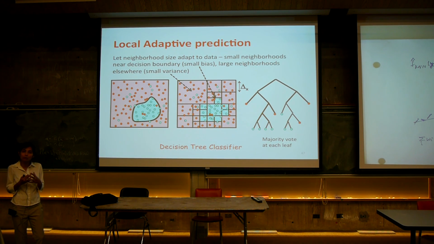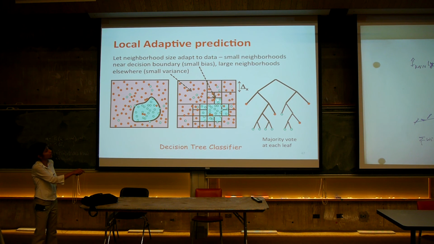We are using smaller bins somewhere and larger bins elsewhere. Of course we have to figure out what size bins to use where, but if I told you that, you're now taking majority votes within these cells, and you can see that you get a much better approximation to your true decision boundary by doing that.